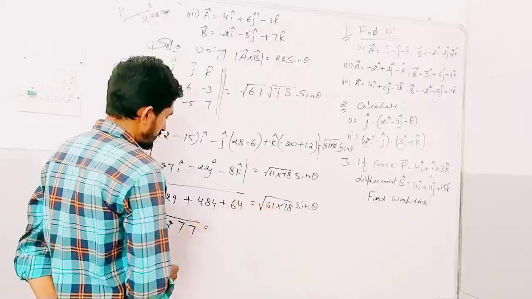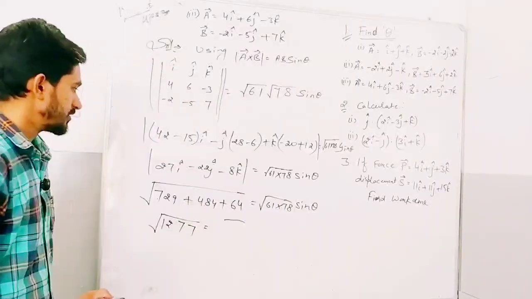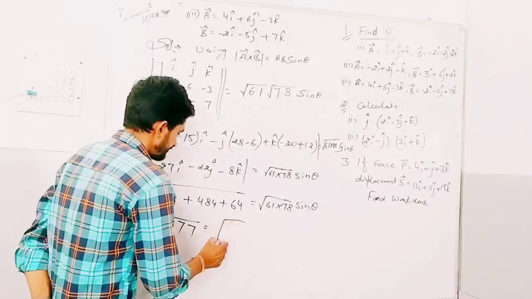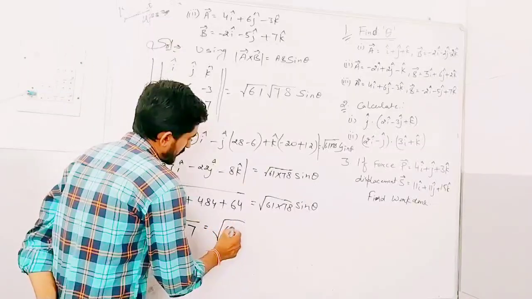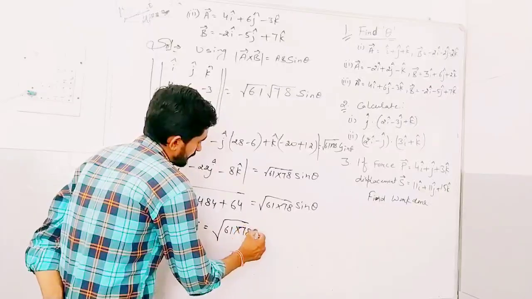Is it giving the same answer? No? It's coming 8. No. Okay, into 78 sin theta.